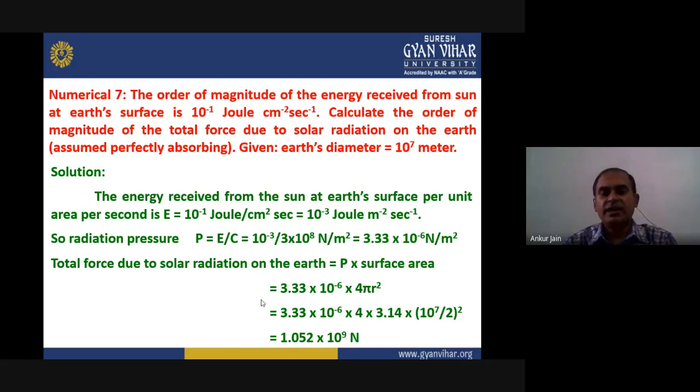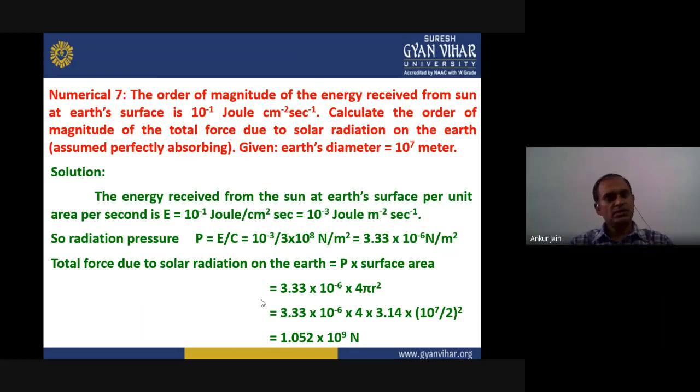Now the given parameter is earth diameter equals 10^7 meter. Now we know that the energy that is received from the sun at Earth's surface per unit area per second is given by E equals 10^-1 joule per centimeter square second, or that we can write as 10^-3 joule per meter square per second.